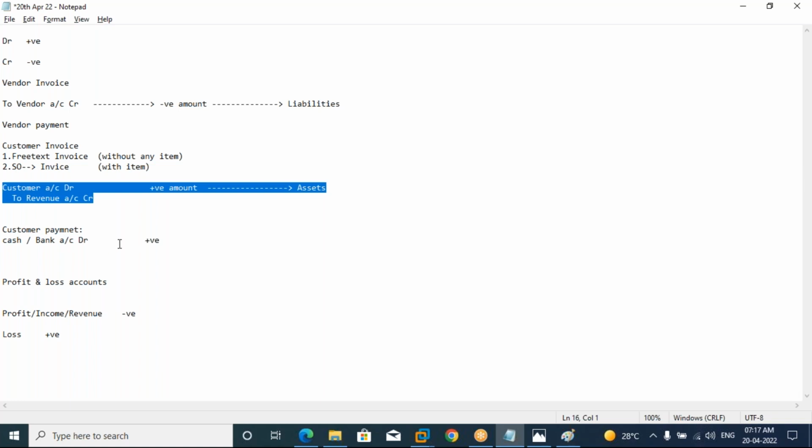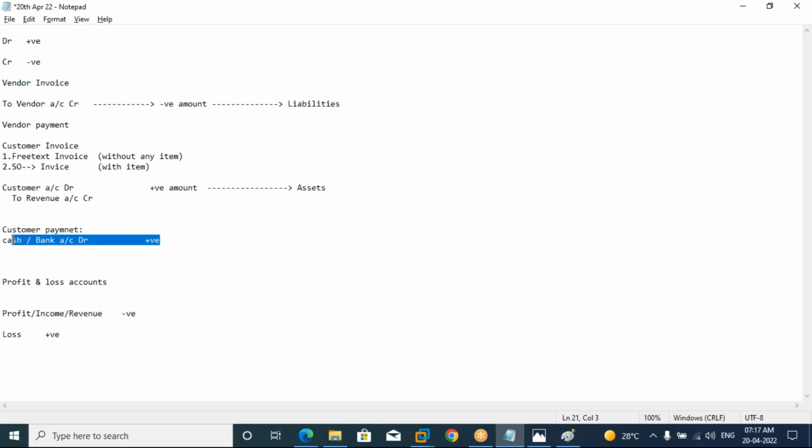Understood? Next, customer payment. I am receiving money in my bank account or cash account. My balance will increase because if the customer is paying money, it means I have received money from the customer. Suppose in my cash I have 20,000 and I receive plus 5,000.